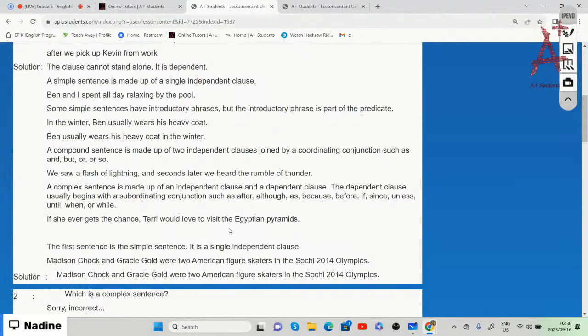Coordinating conjunctions are and, but, or, so, and subordinating conjunctions are, for example, although, after, because, as, if, since, unless, until, when, or while.